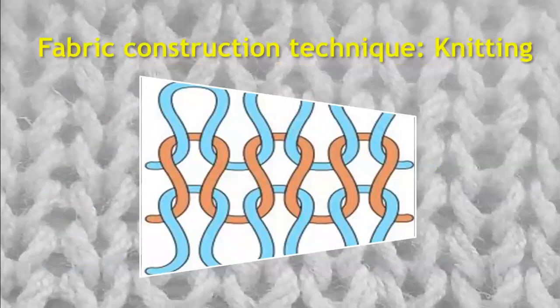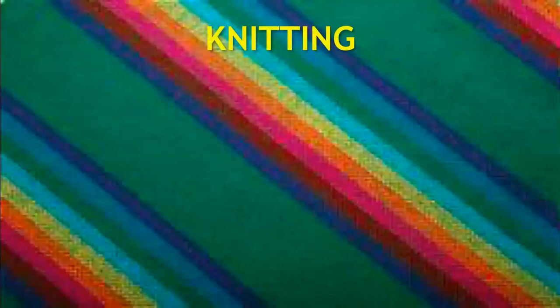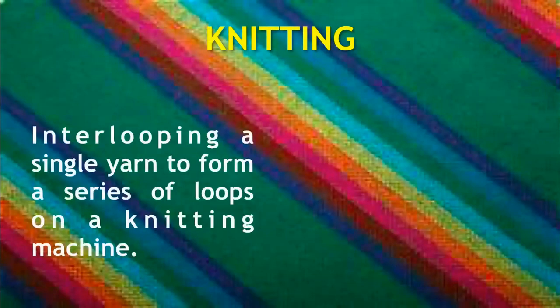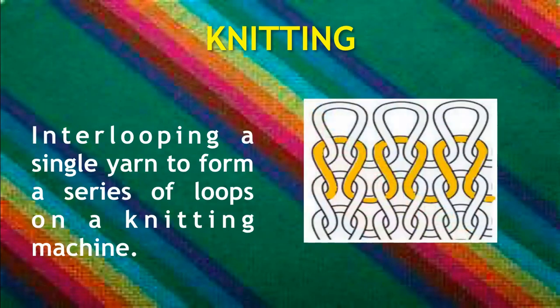Knitting is another method of fabric construction. Knitting is done by interlooping a single yarn to form a series of loops on a knitting machine.